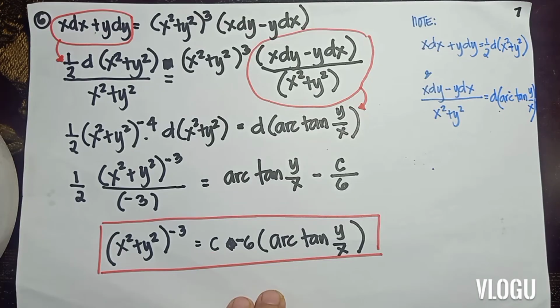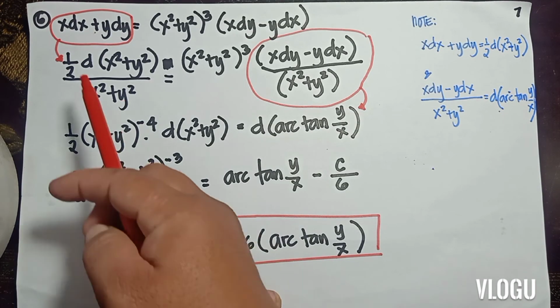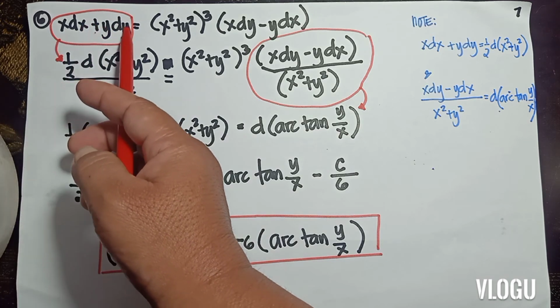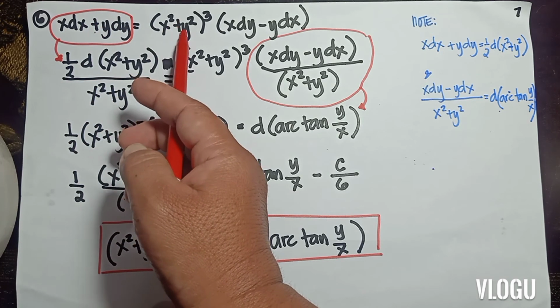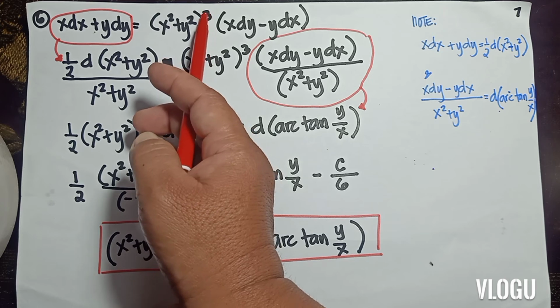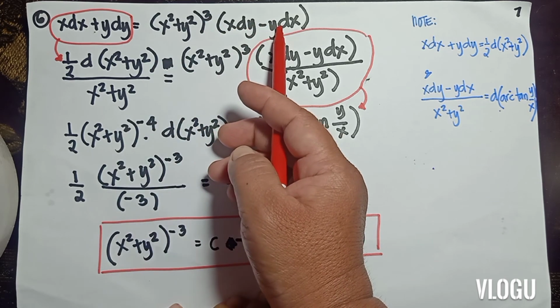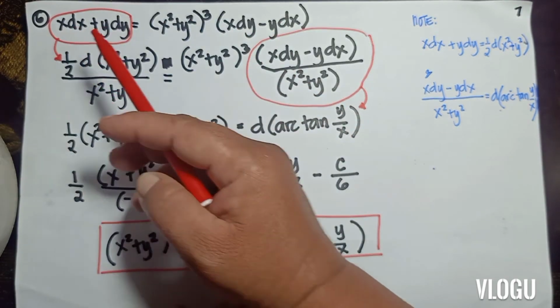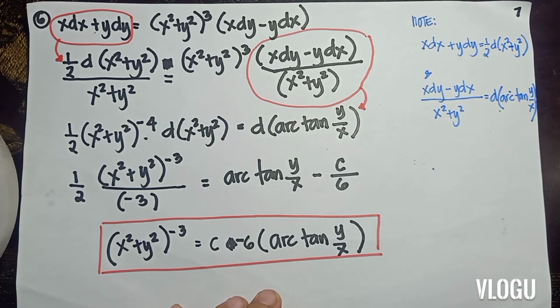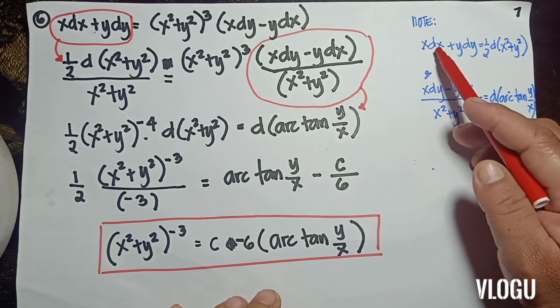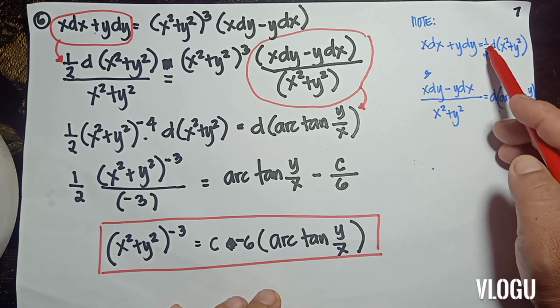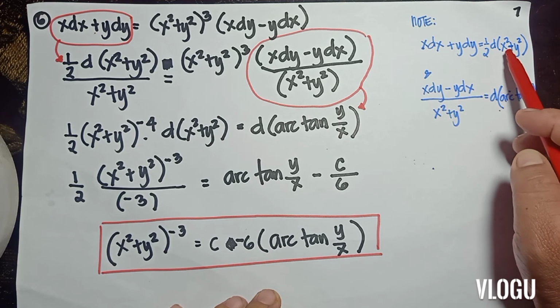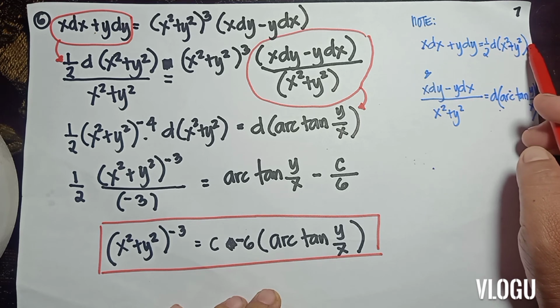Okay. The next example, we have x dx plus y dy, that is equal to x squared plus y squared to the cube, x dy minus y dx. So this is now the given. So if we are going to look at the forms that we'll be using here, that is x dx plus y dy, that is equivalent to 1/2 d of x squared plus y squared.